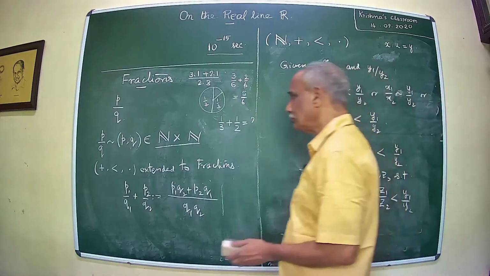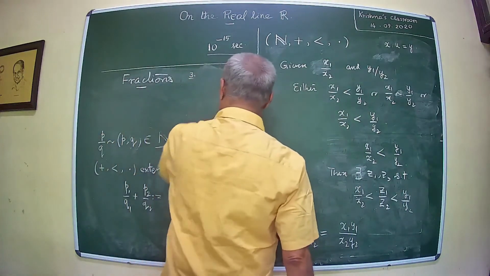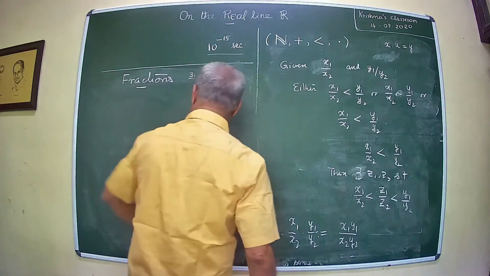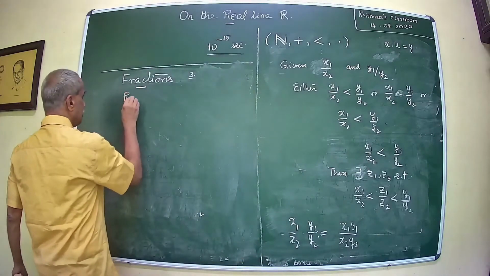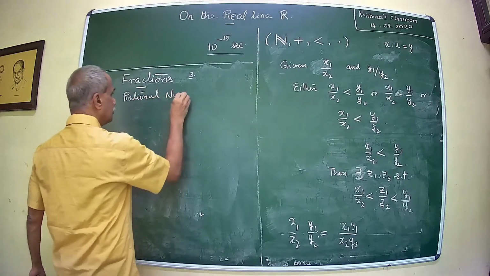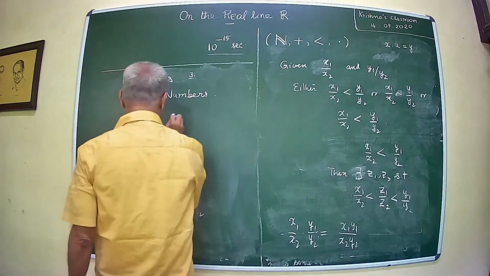Now from fractions we manufacture what are called rationals. This is what we do.